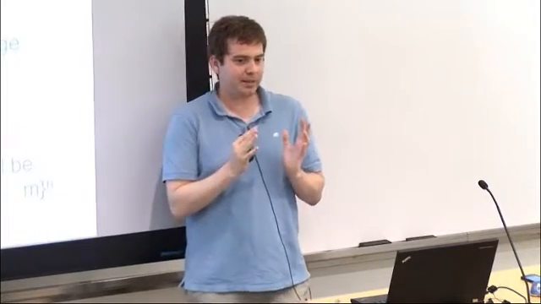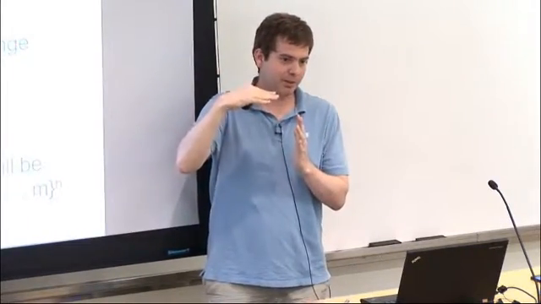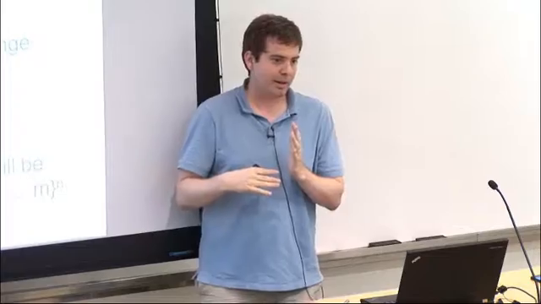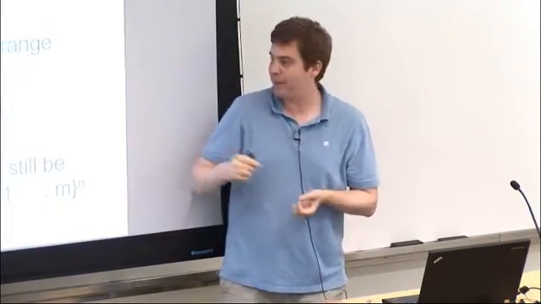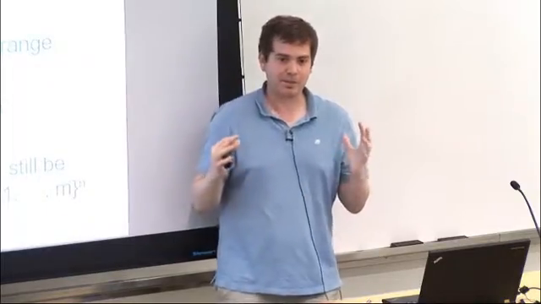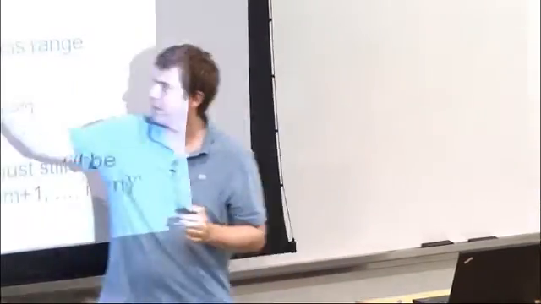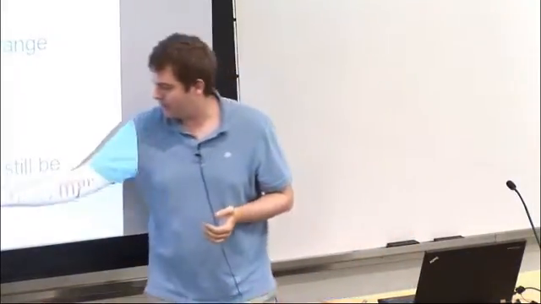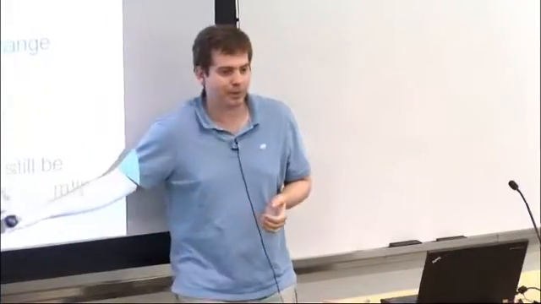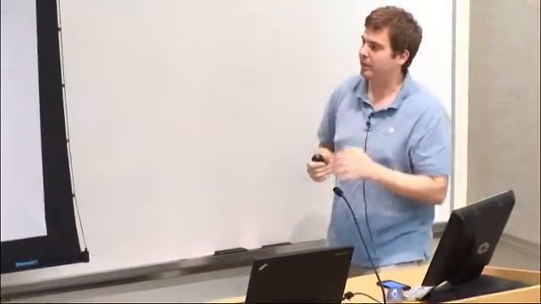But we can always take Ax mod poly n in each of the coordinates. If we do that, the total number of states that you would ever see is proportional to the number of states when x varies in this box. And the algorithm is correct at the end of the stream because Ax mod poly n will equal Ax given this condition. So it's just a technical condition.